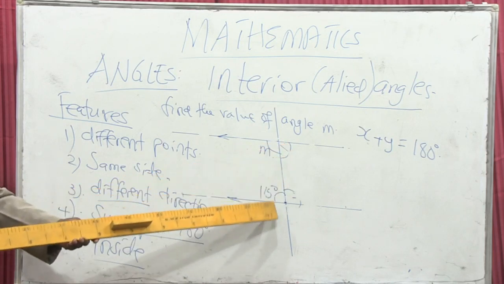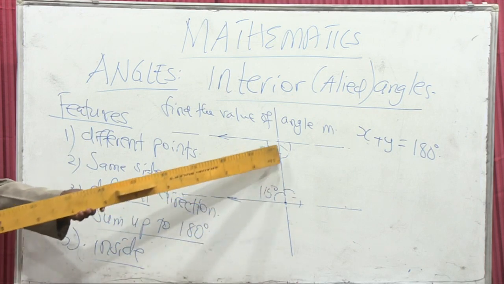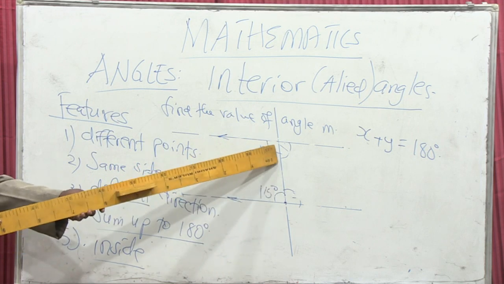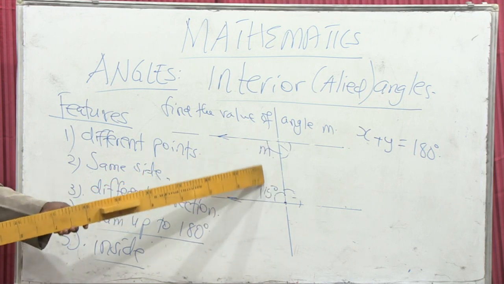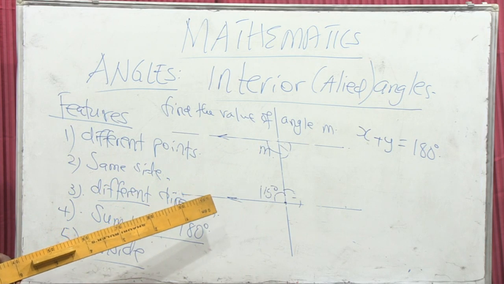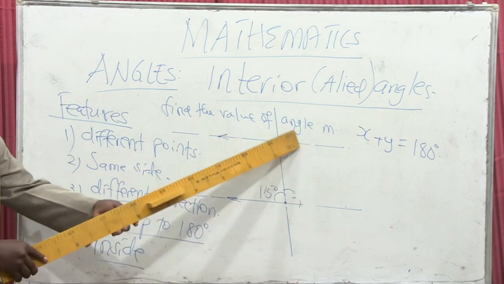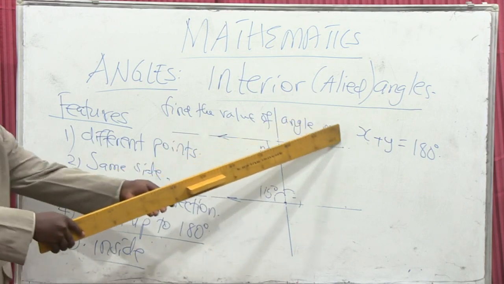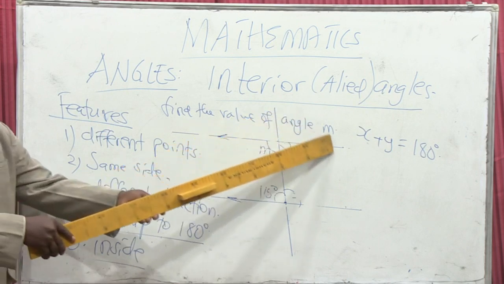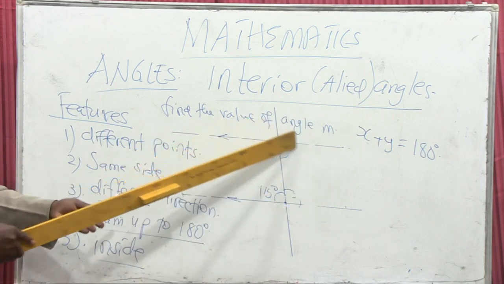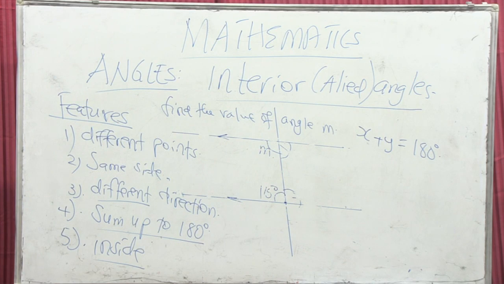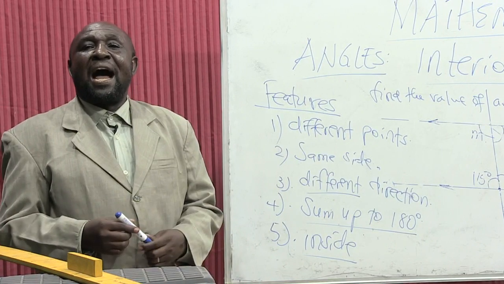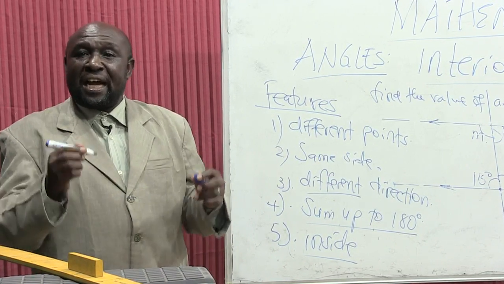And they are inside the figure. When you close here, they are formed inside the rectangle. Then we say that M and 115 degrees are allied angles, or interior angles.